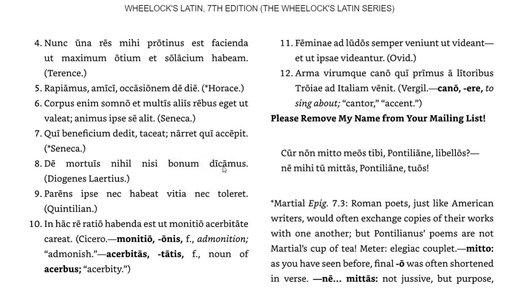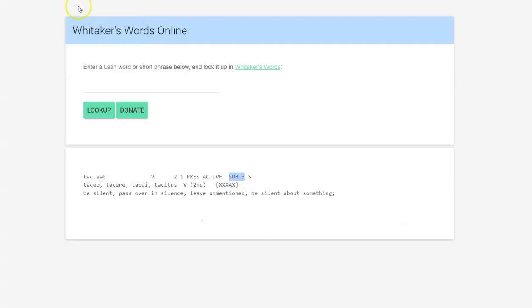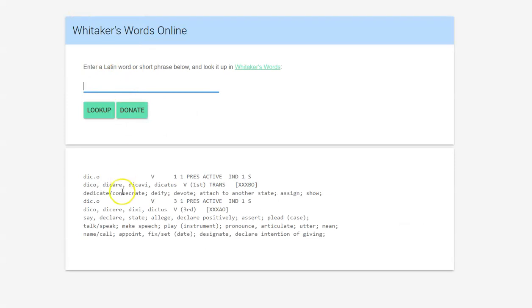So dicere, dico, is third conjugation. So if we look that up here, you can see that this is the one that we need to look at.